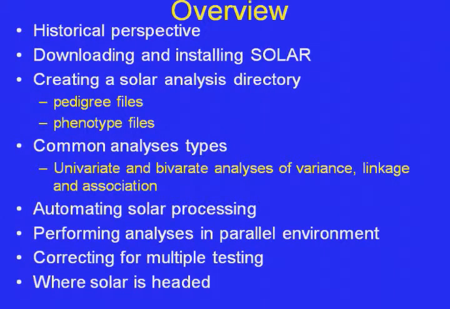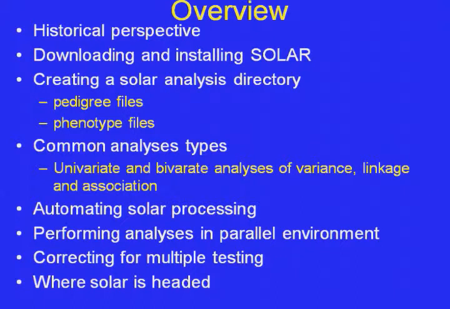So I'm going to start by presenting some historical perspective on how Solar was developed. Then I'll gloss over downloading and installing it as a package. Then I'll talk about creating a Solar analysis directory and going about common analysis types, including univariate and multivariate analysis of variance, linkage, and association.